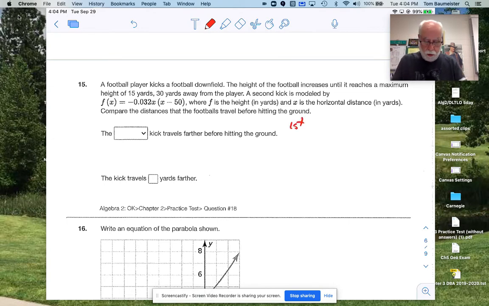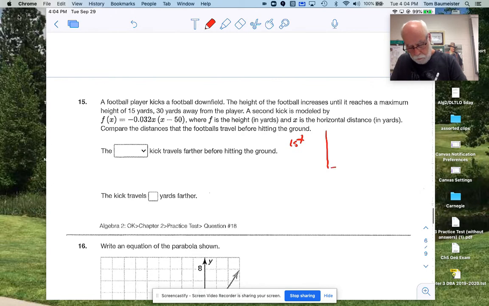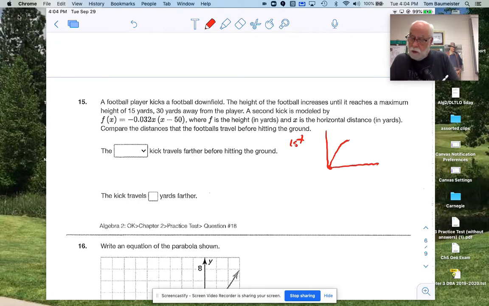So on the first one, I want you to think about it in an XY plane. The football player is right there. They're saying that he kicks a football and it reaches a maximum height of 15 yards. And then it is going to go and hit the ground.